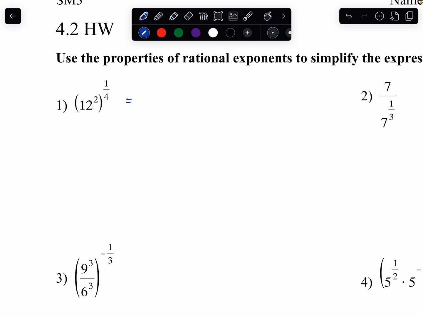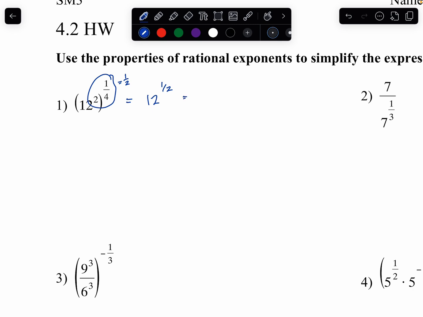And so this expression is 12 to the, when I multiply 2 by 1/4, that's equal to 1/2. So 12 to the 1/2, right?